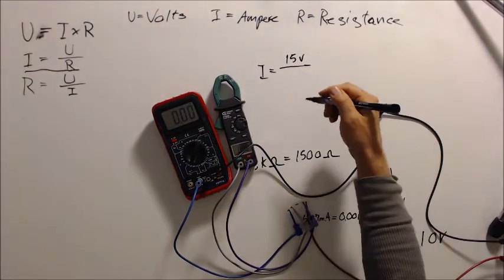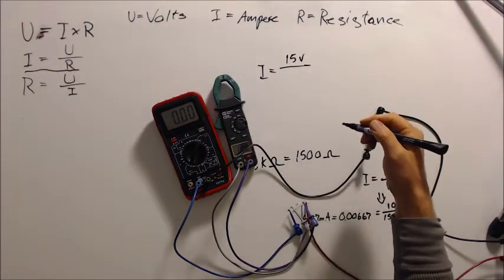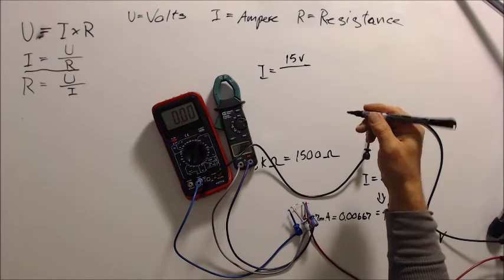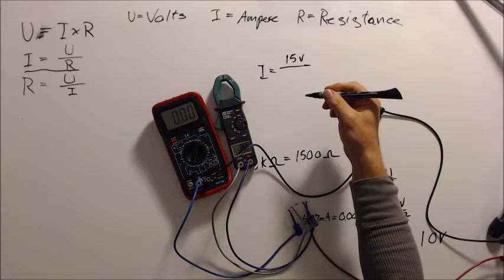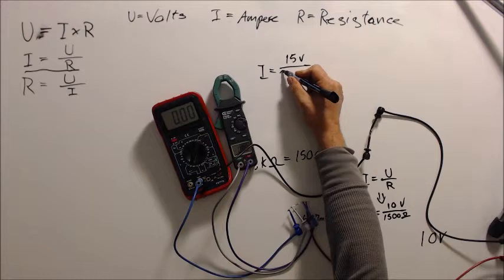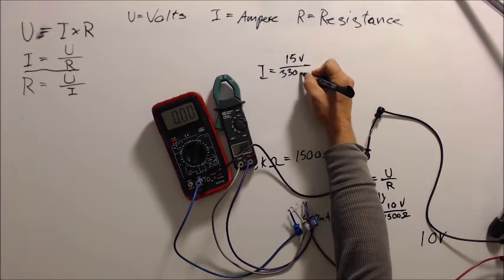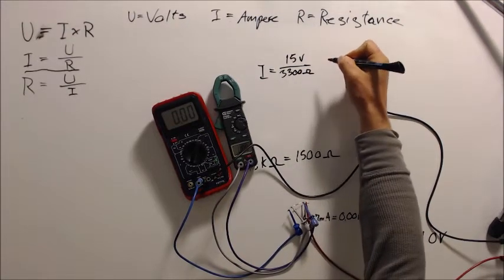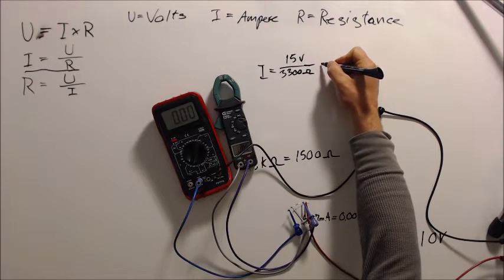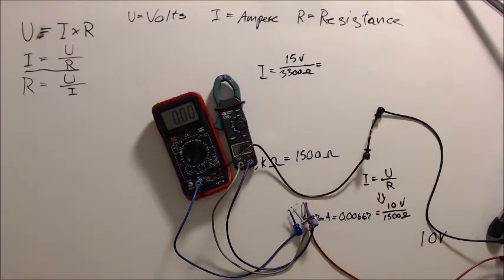And now we have a resistance of 3.3 kilo ohms, which is the same as 3,300 ohms. And let's see what that comes out with. I'm going to dial it in on my calculator here.